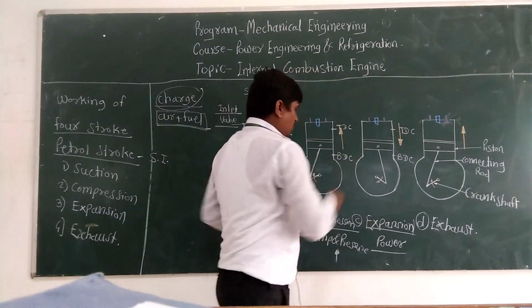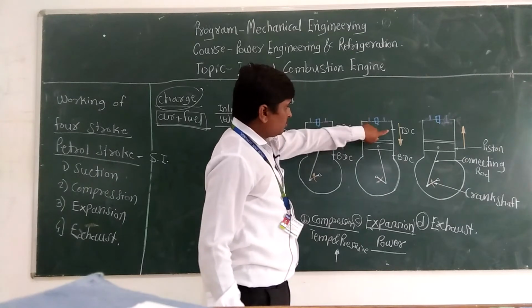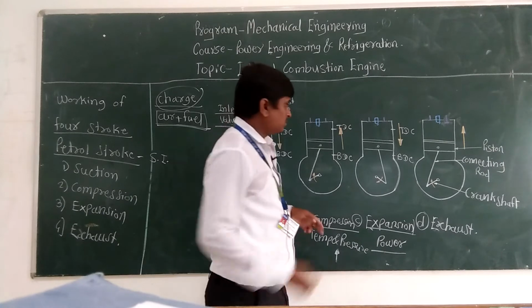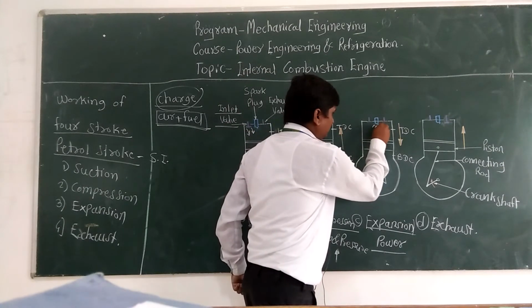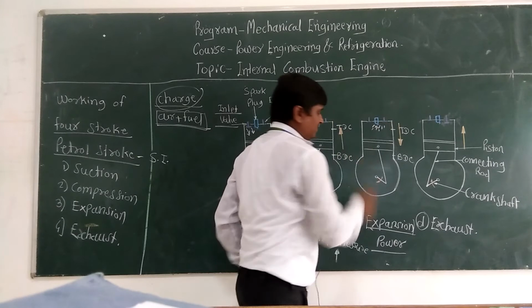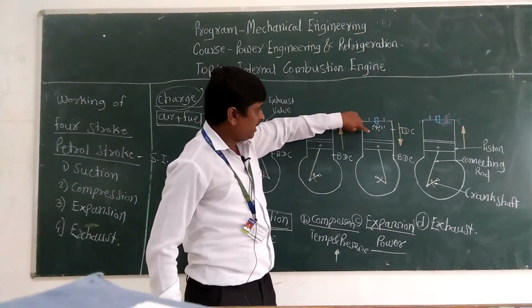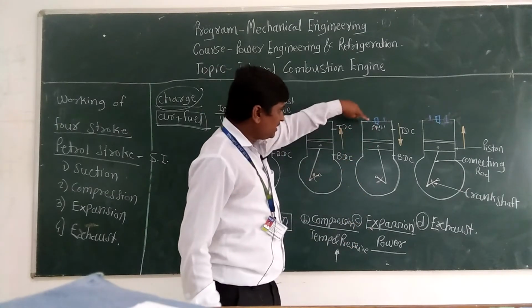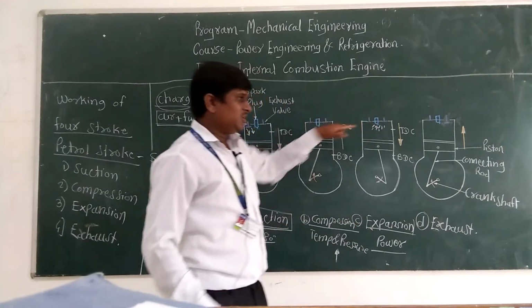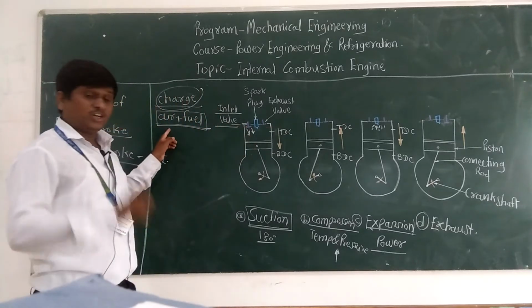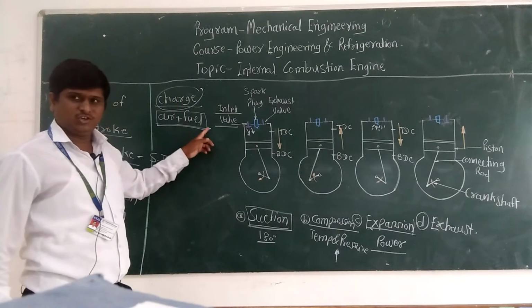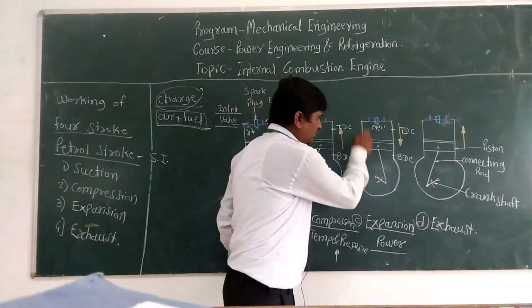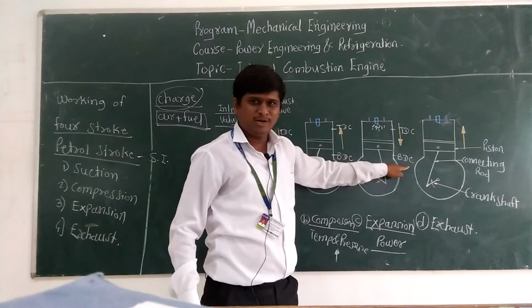When the spark is ignited, combustion of the air and fuel takes place, the fuel is ignited, and the piston is moved from TDC to BDC.